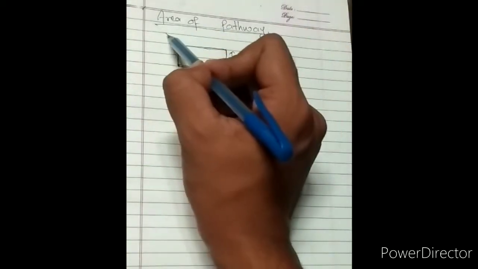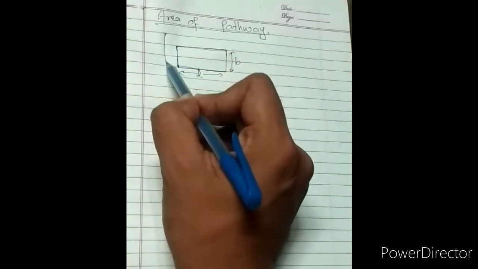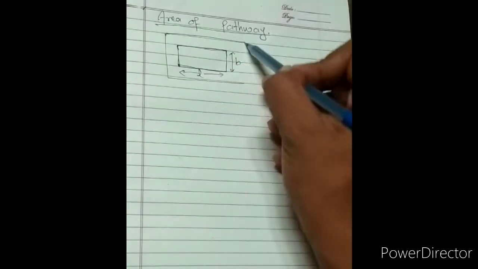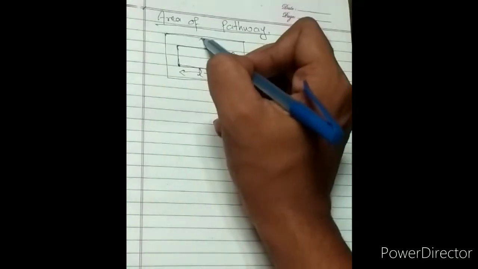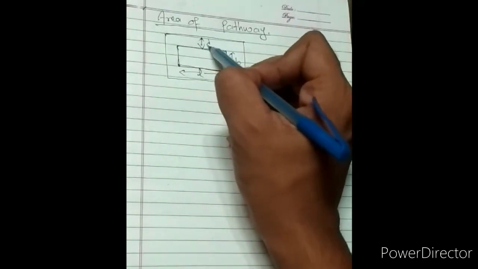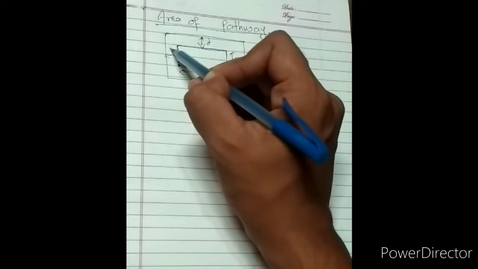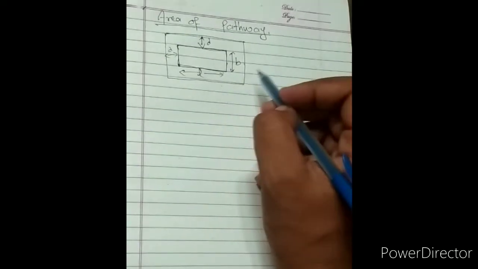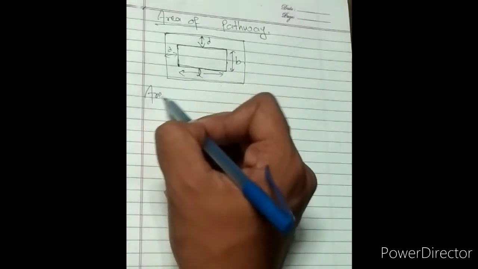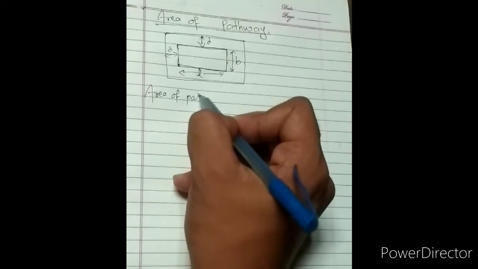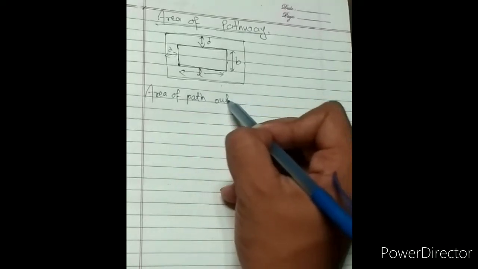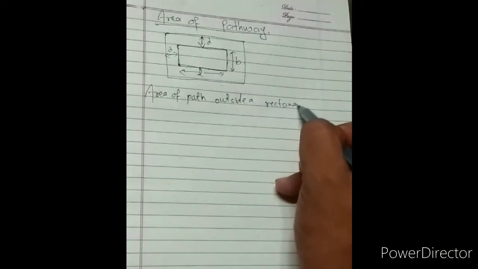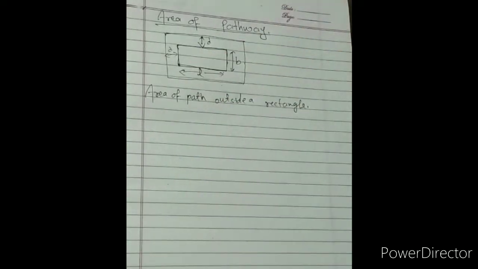Now what is the area of the path running outside of this rectangle with uniform width? Suppose this distance is d, all these distances are the same, from here to here also d, from here to here also d. So the area of the path outside a rectangle, area of path outside the rectangle.